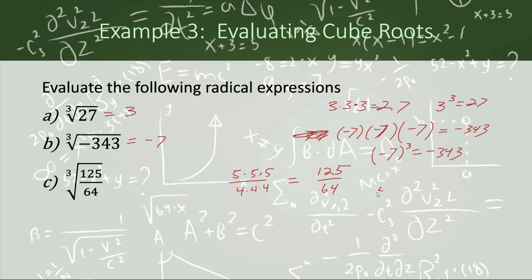And that tells me that 5 cubed divided by 4 cubed is equal to 125 over 64. And then I can rewrite that as 5 divided by 4, the whole thing cubed. This is basically the power law in reverse. And that is equal to 125 over 64. And as a consequence, the cubed root of 125 over 64 is 5/4.